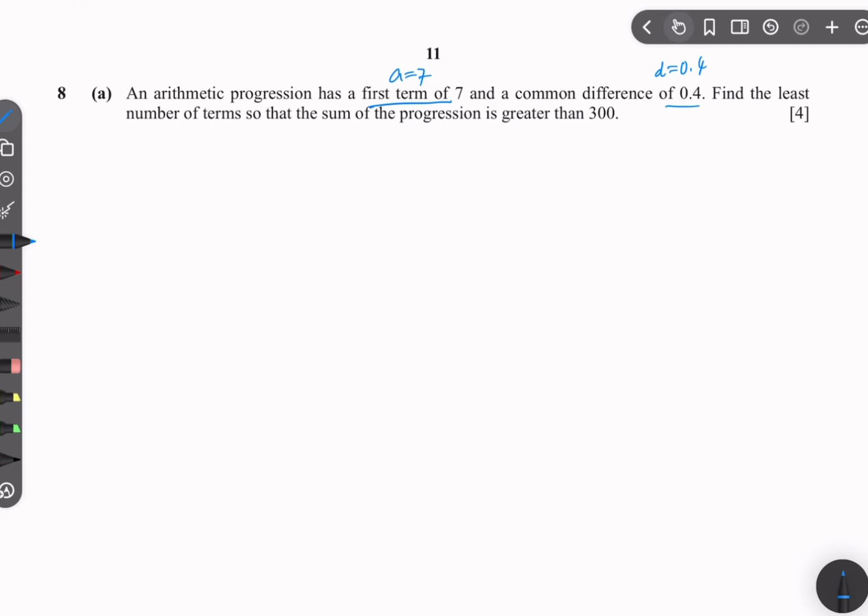Now we just need to use the formula for the sum of an arithmetic progression, which is n over 2 times (2a plus (n minus 1) d). We can substitute a equals 7 and d equals 0.4 into this formula to find n. And then this expression has to be greater than 300.